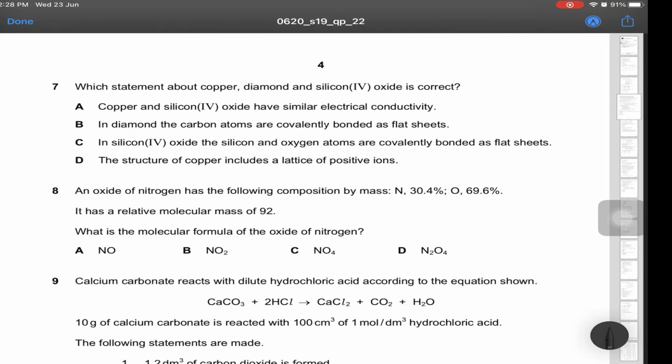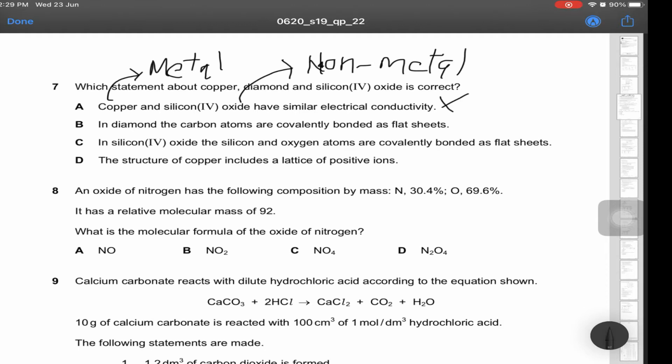Now for question number 7, which statement about copper, diamond, and silicon(IV) oxide is correct? First, A. Copper and silicon(IV) oxide have similar electrical conductivity. Copper is a metal, so it is definitely a good conductor of electricity. However, silicon(IV) oxide is a non-metal covalent compound, so it won't conduct electricity. So A is wrong. For B, in diamond, the carbon atoms are covalently bonded as flat sheets.